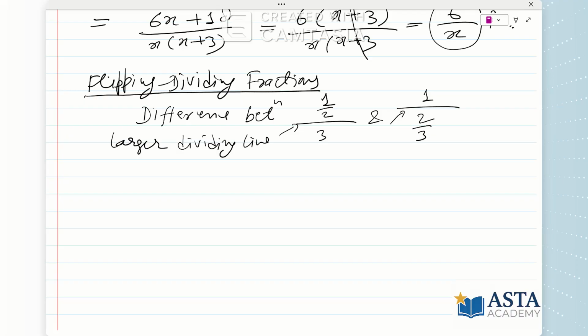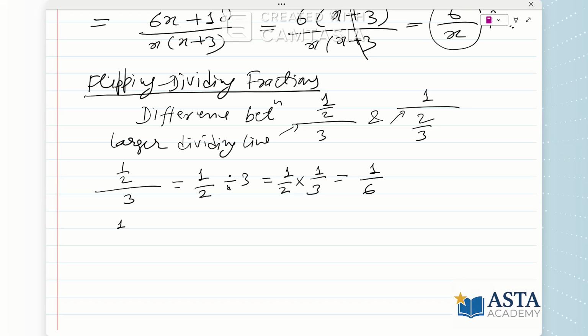So 1 by 2 whole divided by 3 is equal to what? You can write it as 1 by 2 divided by 3, right? And when you divide by a number, you multiply by the reciprocal, right? So 1 by 2 multiplied by 1 by 3, which is going to be 1 by 6.